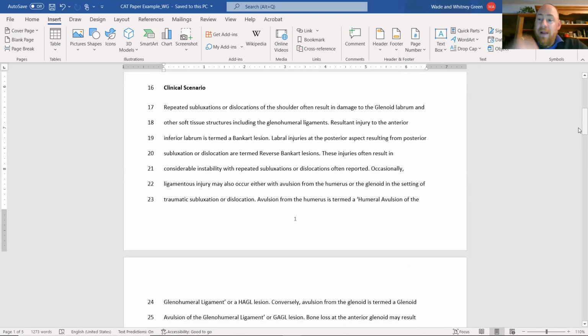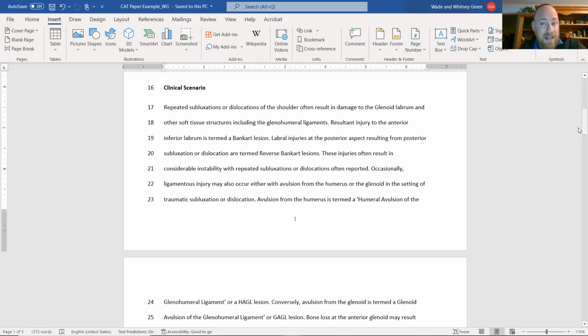So for example, my question had to do with different shoulder stabilization methods, at least as far as conservative treatment goes, or rehab, when treating a Bankart lesion conservatively. So in order to set the stage for my question, and in order to substantiate it and give it background for what I'm going to write about, I have to give background about what a Bankart lesion actually is.